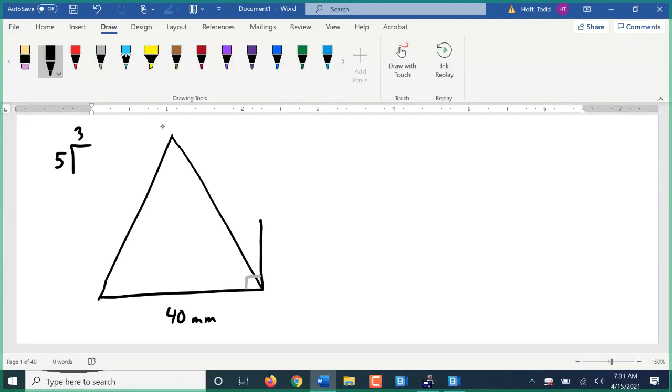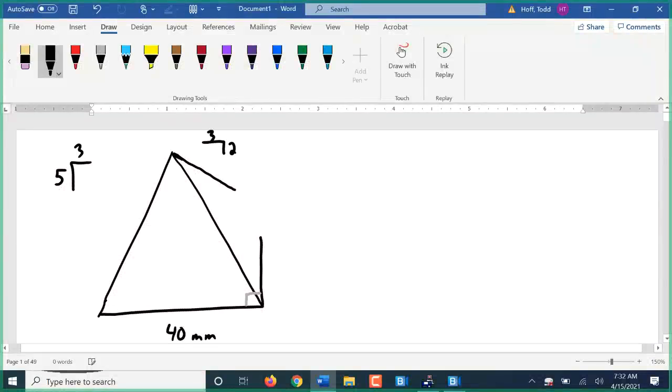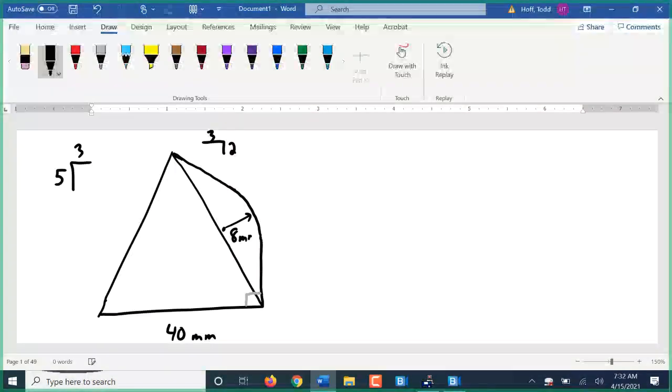From the peak, we're going to bring a line coming down, and that line is going to have a 2 to 3 slope on it. And these two lines then are going to be joined together by an arc, the radius of 8 millimeters.